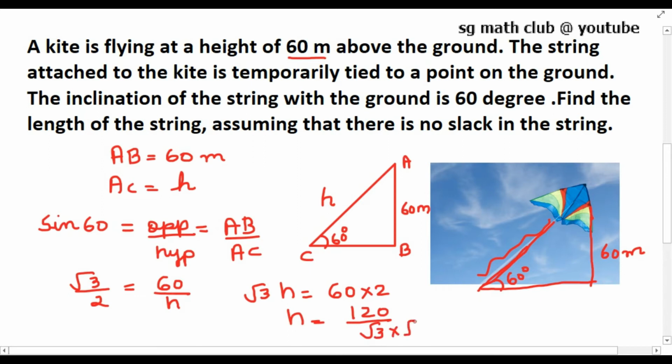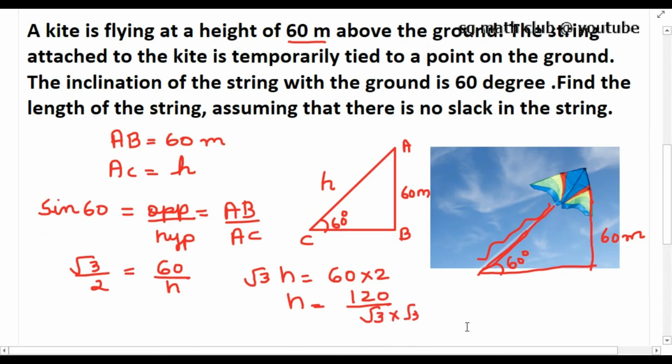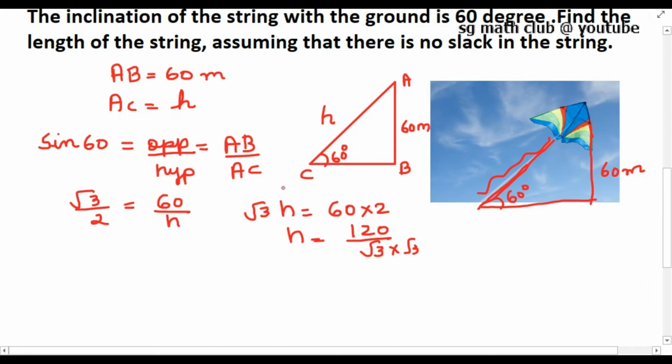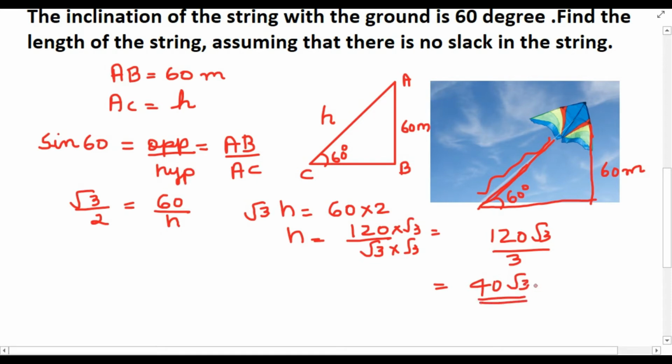We can rationalize this. So root 3 in the numerator and the denominator you can multiply. So we have 120 root 3 divided by 3, which is equal to 40 root 3. So 40 root 3 meter, or you can also multiply 40 into the value of root 3, which is 1.732. So 40 root 3 meter is the length of the string.